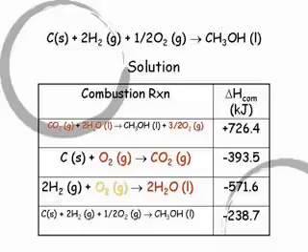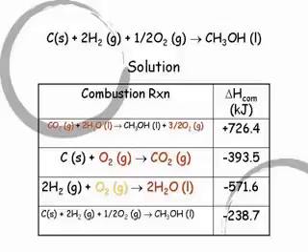And I think that really is all we need to cancel, except for we have 2O2 on the reactant side and 3/2 O2 on the product side. When we cancel those, we're still going to have 1/2 O2 left over on the reactant side, and that's necessary to have. So let's go ahead and add these, and when we do, we get C plus 2H2 plus 1/2 O2 will yield CH3OH.